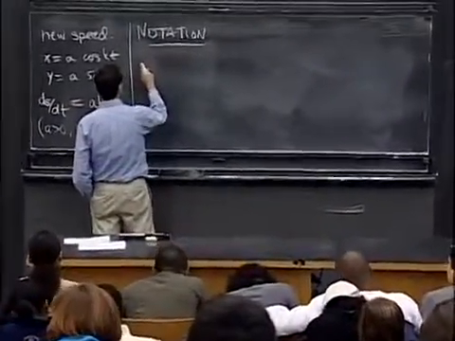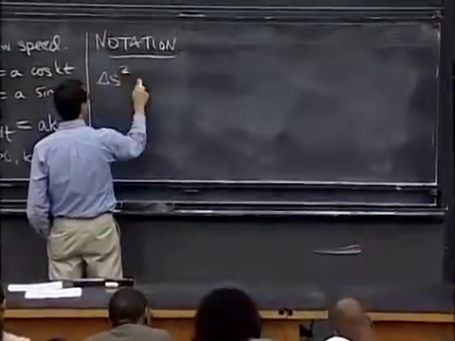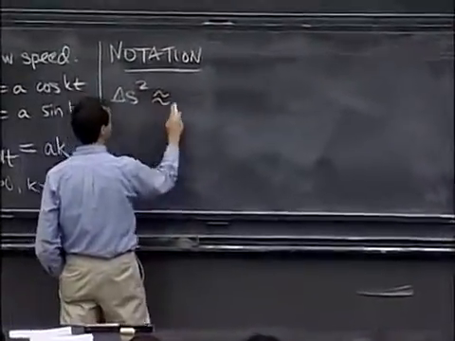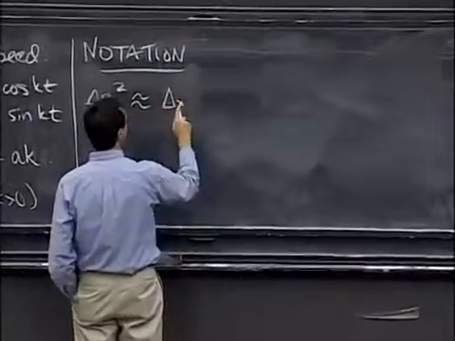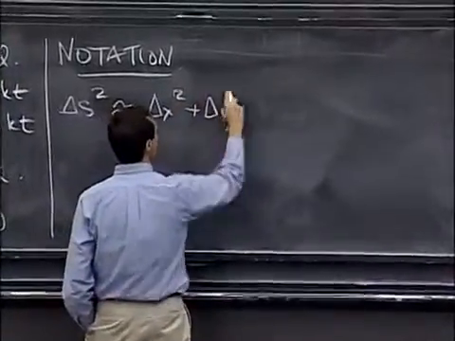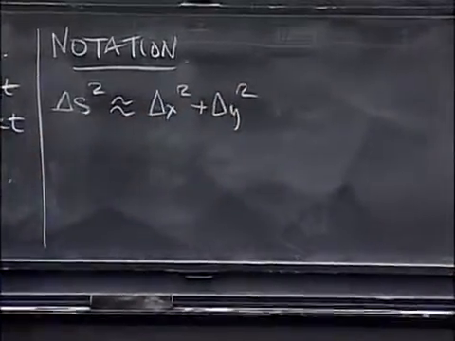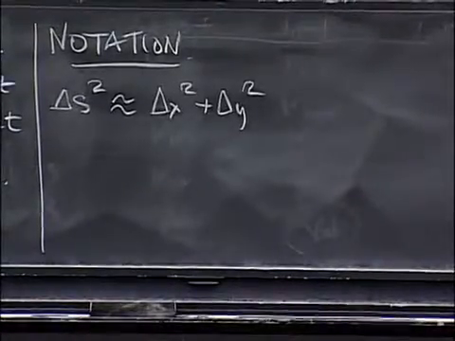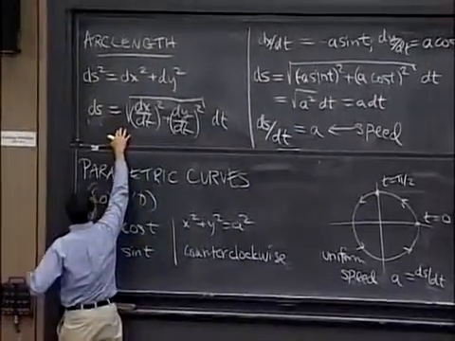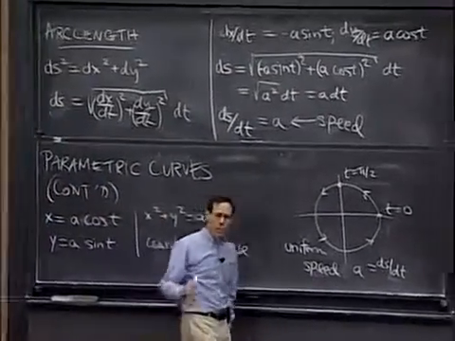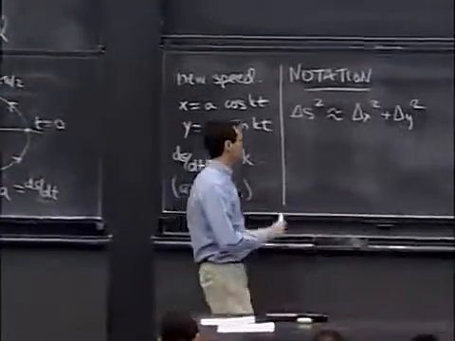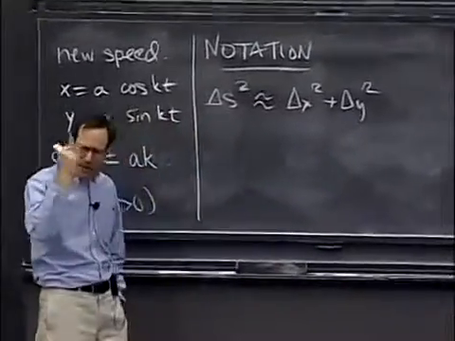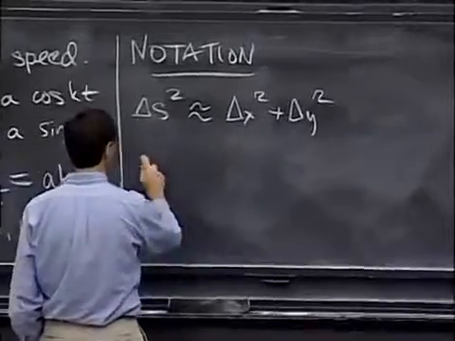So the basis for this was this approximate calculation that we had, that delta s squared was delta x squared plus delta y squared. This is how we justified the arc length formula before. And let me just show you that the formula that I have up here, this basic formula for arc length in the parametric form, follows just as the other one did. And now I'm going to do it slightly more rigorously.